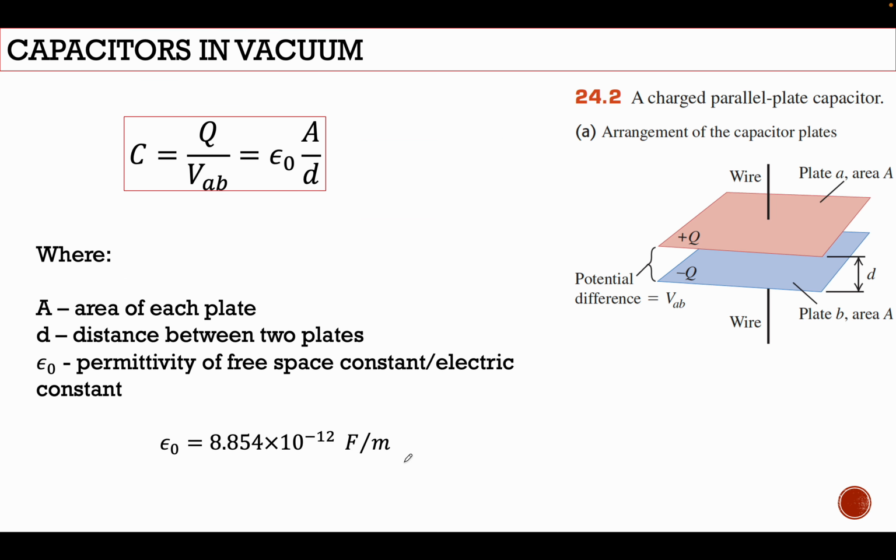Okay, how about capacitors in a vacuum? The best example of a capacitor in a vacuum is a charged parallel plate capacitor. In figure 24.2, this is an example of a parallel plate capacitor.